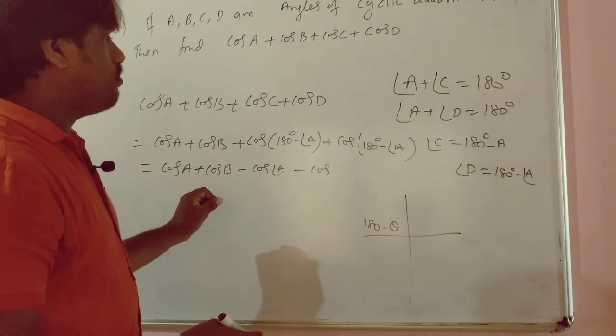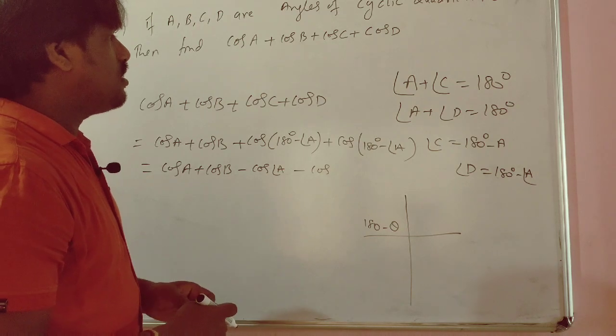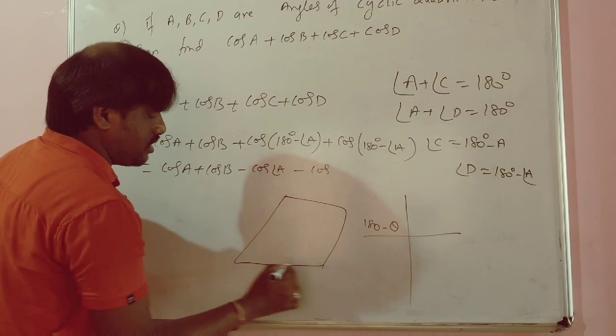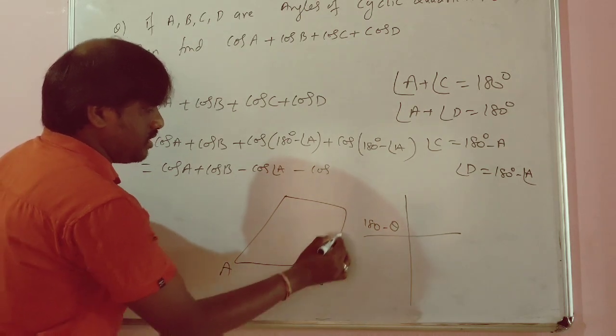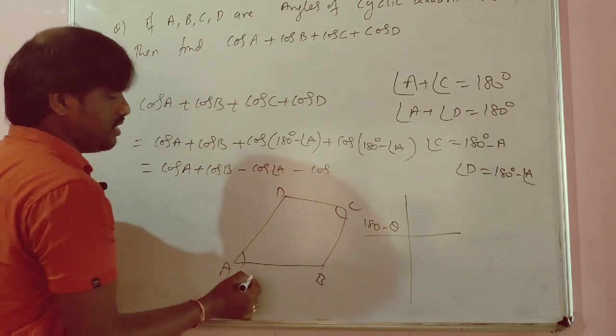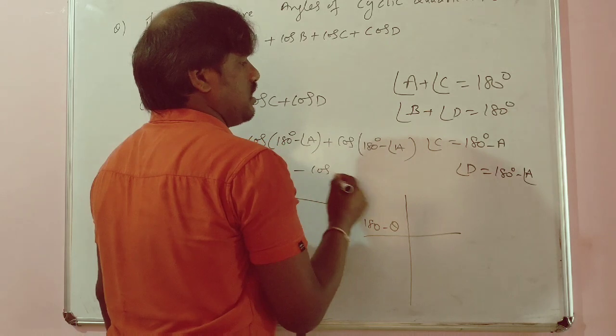Let us take the cyclic quadrilateral A, B, C, D. Angle A plus C is 180 degrees. Angle B plus D is 180 degrees.